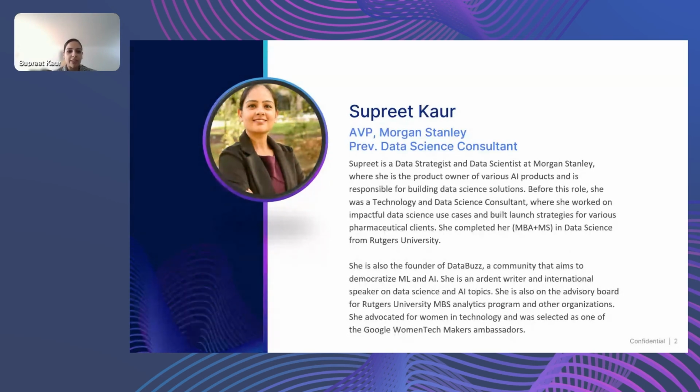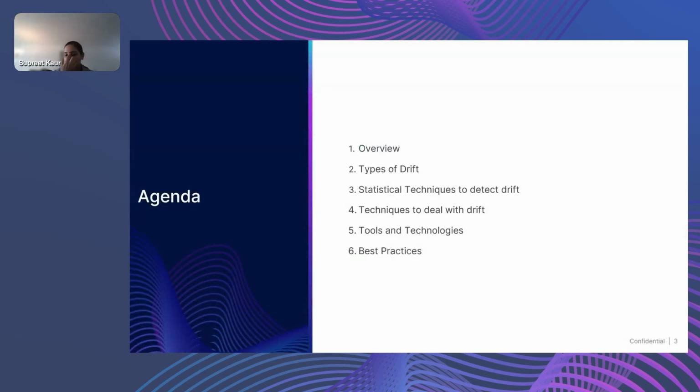So, without further ado, the agenda is pretty straightforward for today. I'll give you a brief overview of what drift is, then what the different types of drift are. I'll also touch upon some of the statistical techniques to detect drift, and then how you can deal with them.